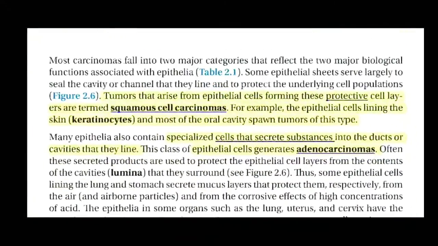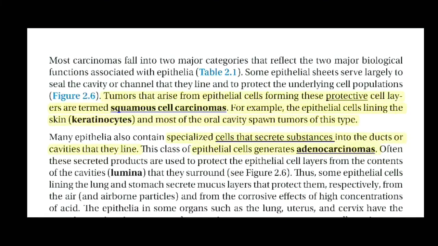You can see here it's two things: squamous cell carcinomas and adenocarcinomas. These are the two carcinomas which derive from the epithelial cells. Squamous cell carcinomas include the protective cell layer, the cells responsible for protecting organs or tissues, which cover the organs. Cancer in that kind of cell is called squamous cell carcinoma.